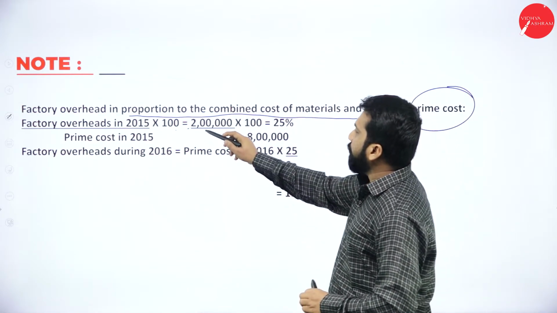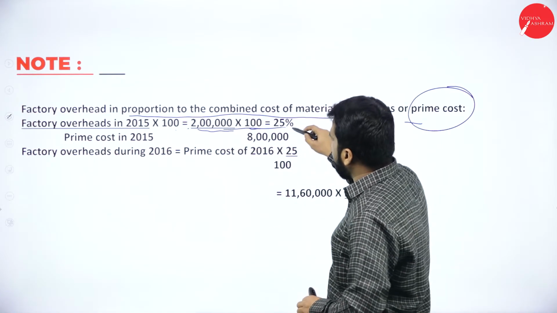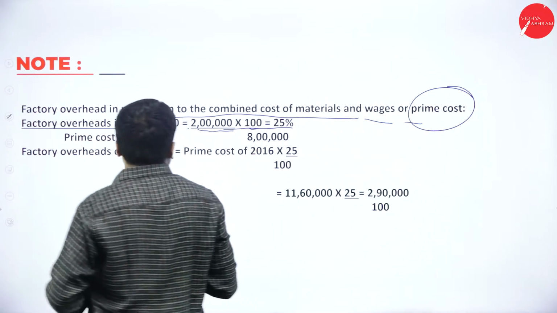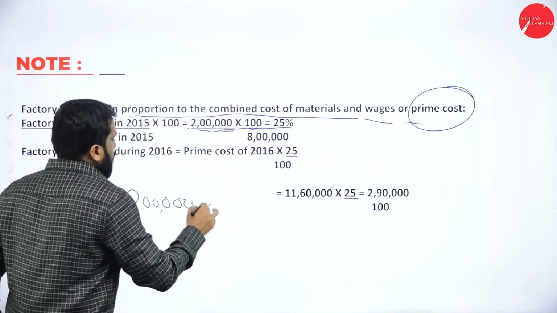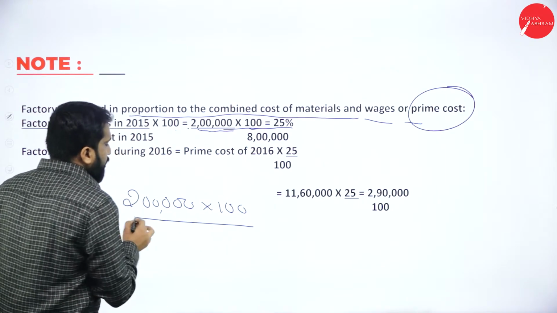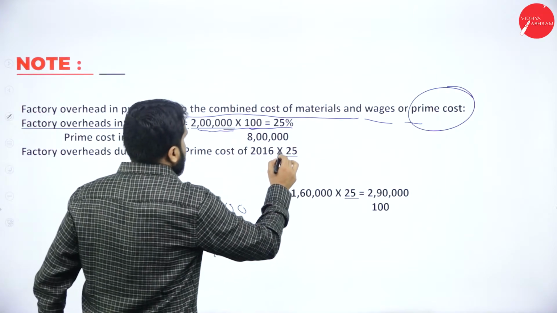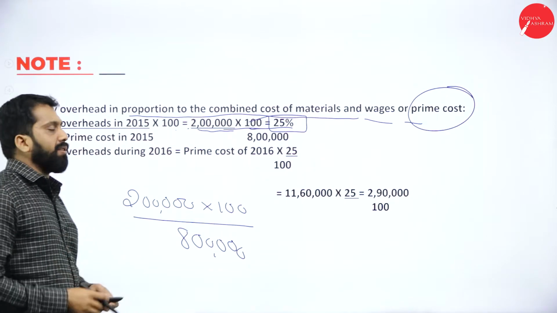Now, factory overhead is how much? 2 lakh into 100 divided by how much is your prime cost? 8 lakh. Again, I'll show you. Your factory overhead is 2 lakh multiplied with 100 divided by 8 lakh. You got what is the percentage here? It is 25%.